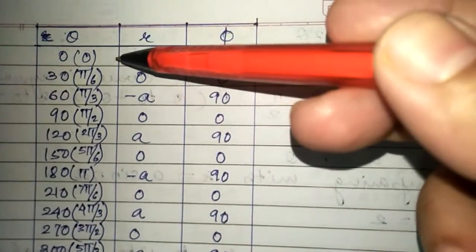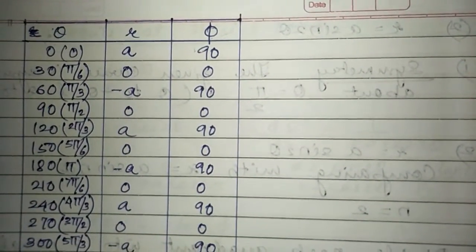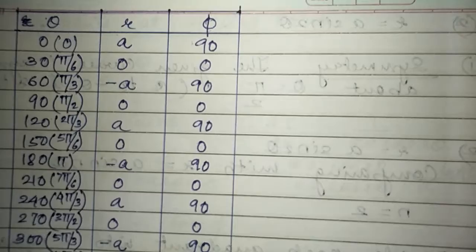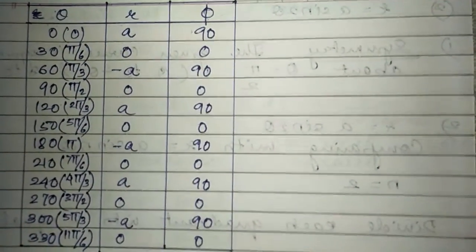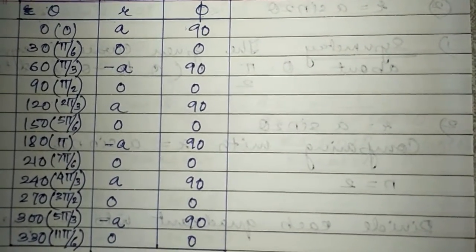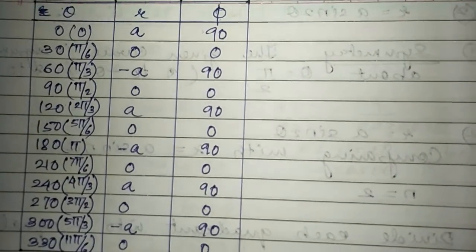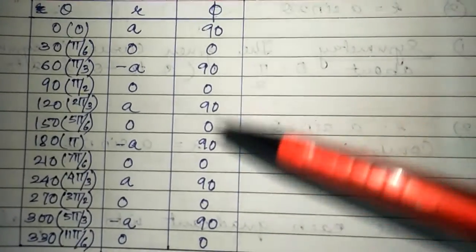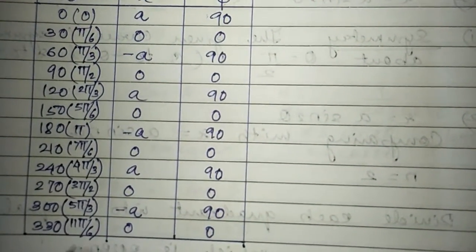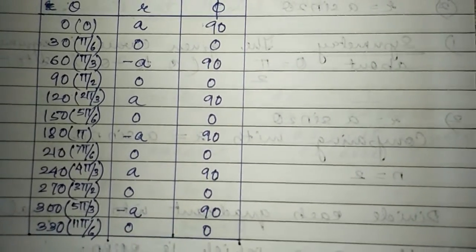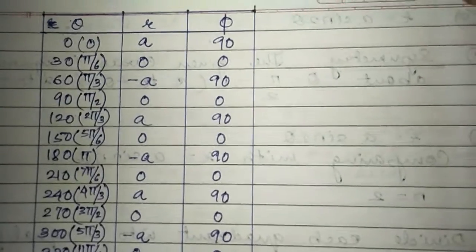So now if theta is equal to 0 degree, the corresponding value of r will be a, and that of phi will be 90 degree, which implies the angle made by the tangent with the radius vector is 90 degree. Accordingly we'll make the table for all the values of theta up to 330 degree, that is 11 pi by 6. And from this information now we will trace the curve.